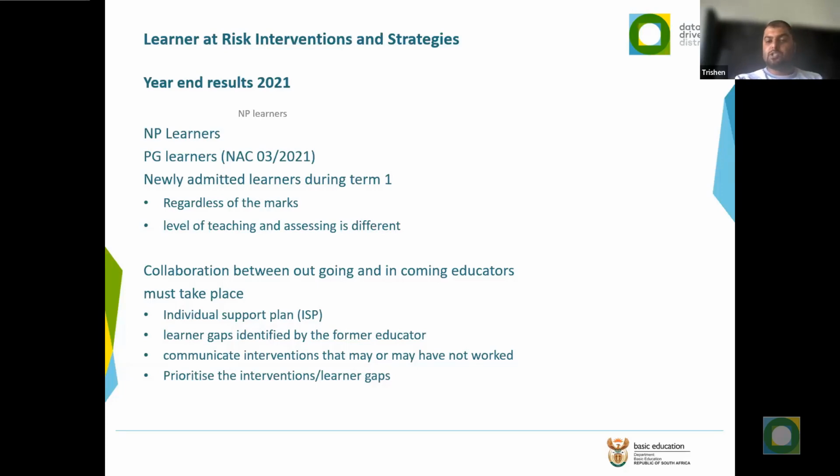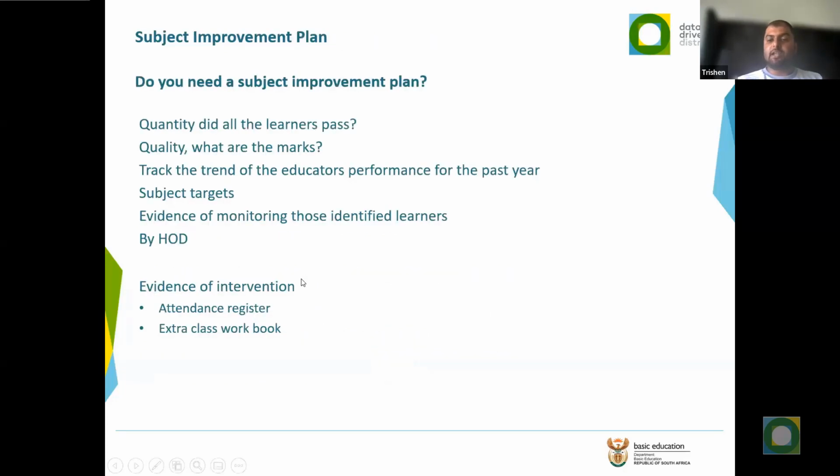In the example that I used, is there an attendance register for these additional classes? Is there a separate workbook? Is there evidence of interaction between Mr. Ike and Trishen? Is there evidence of all those additional teaching and learning activities and informal tasks?